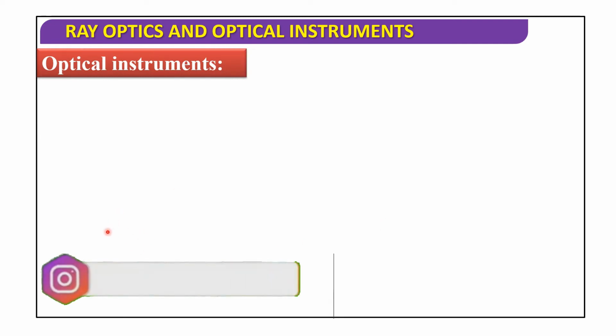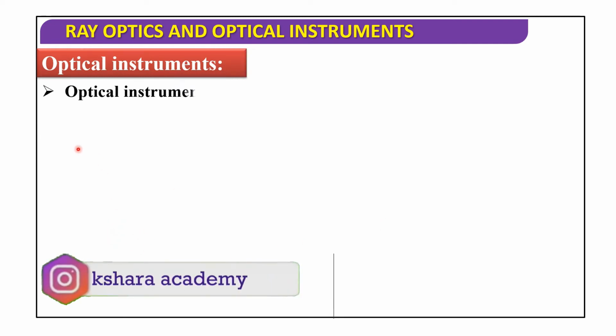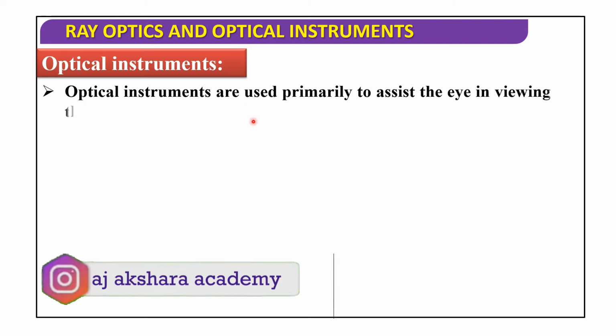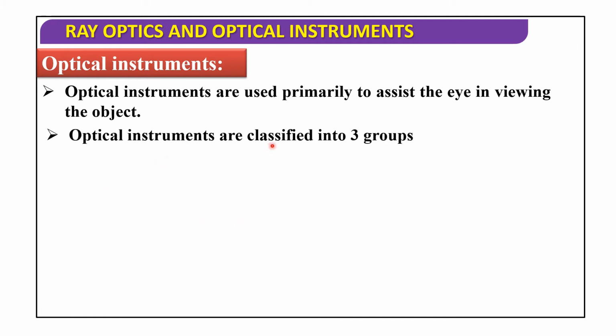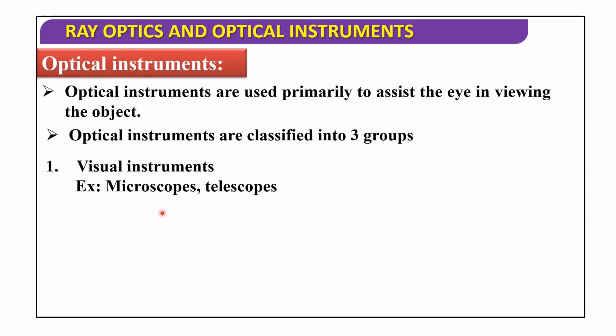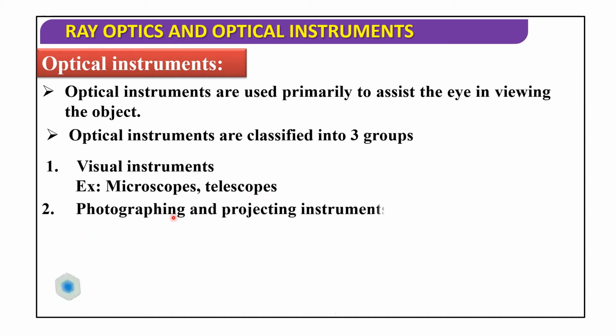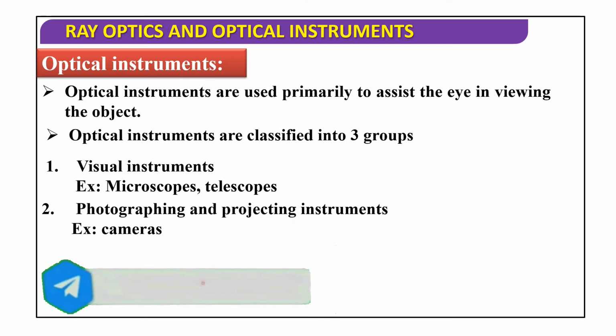Optical instruments. Let us discuss. Optical instruments are used primarily to assist the eye in viewing the object. Optical instruments are classified into three groups. Visual instruments, examples microscopes and telescopes. Photographic and projecting instruments, examples cameras.